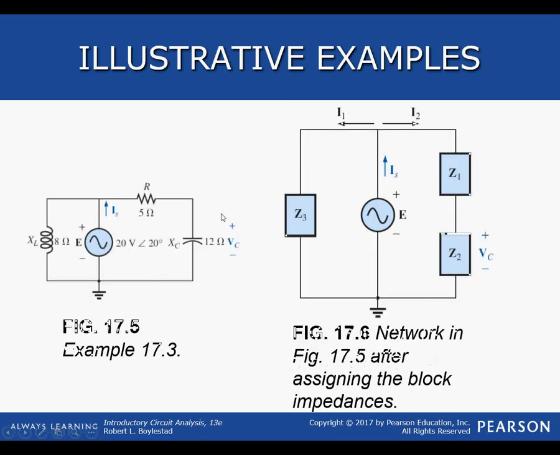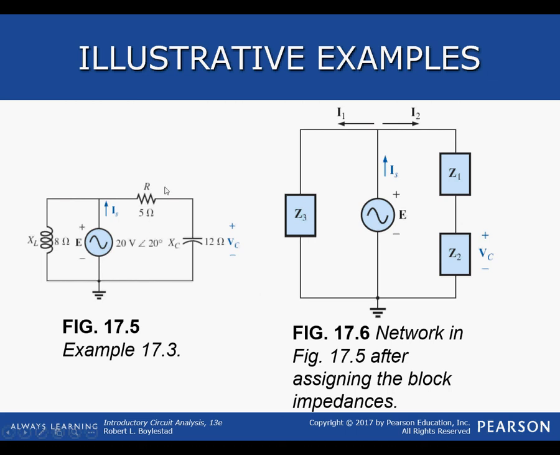Another example, you have a voltage source here in the middle, and then the current splitting, and it's going this way and it's going that way. And then you have an impedance over here. They called that Z3, which is the inductor's impedance.